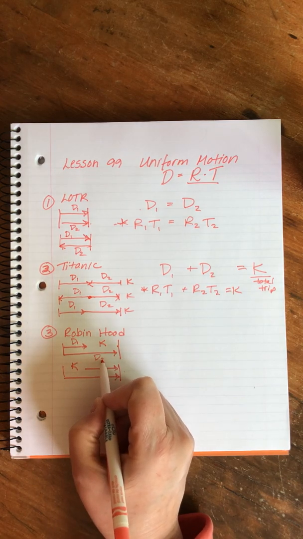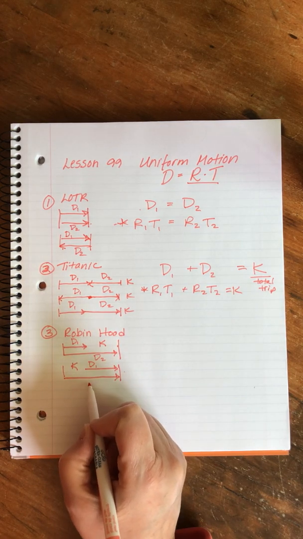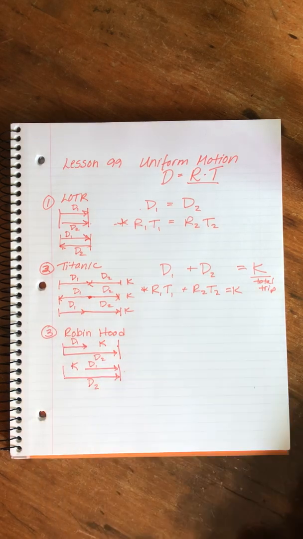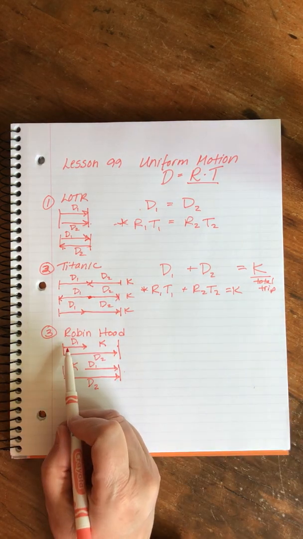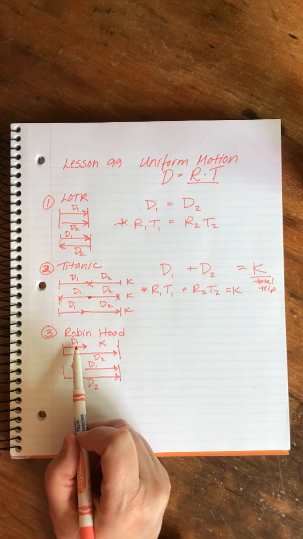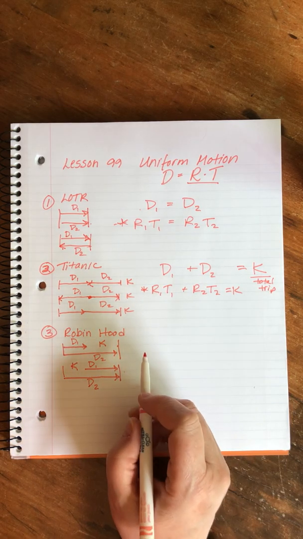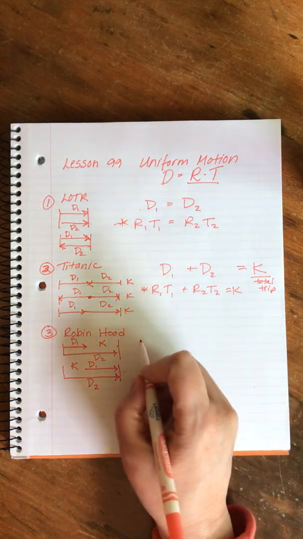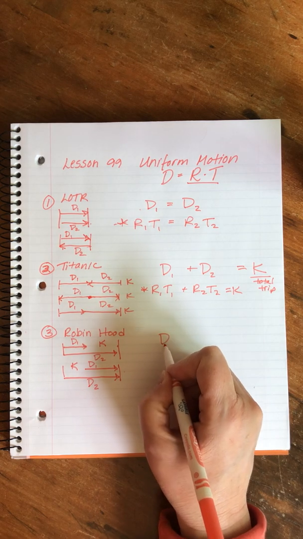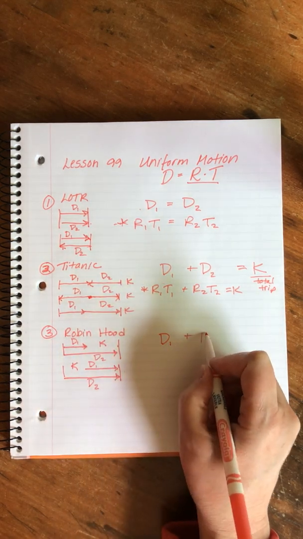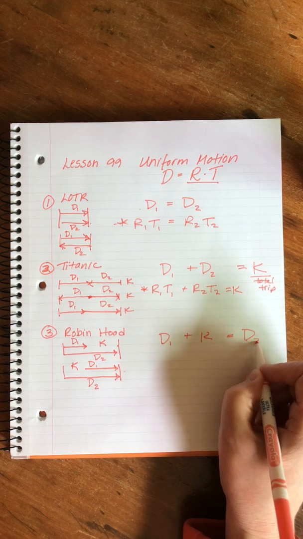And we have distances that are of different sizes. But in this scenario, if you add the shorter distance to the gap, k, you get the longer distance.